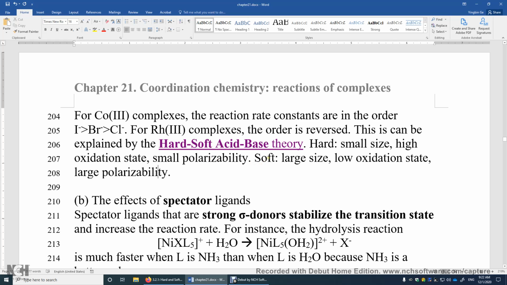Soft acids and bases have larger size, lower oxidation states or lower oxidation numbers, and larger polarizability. It's easier to change the distribution of the valence electrons of those soft acids and soft bases. So you can learn more about this, and you can see more examples in this webpage.